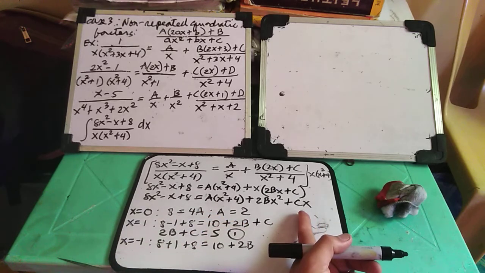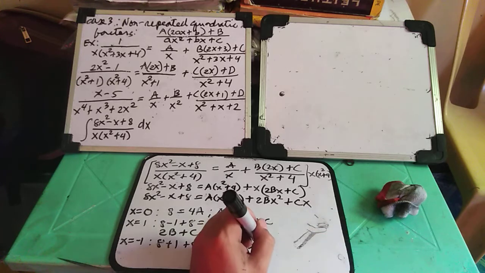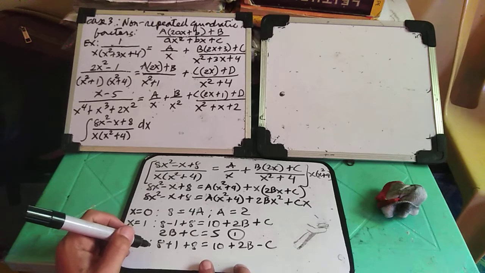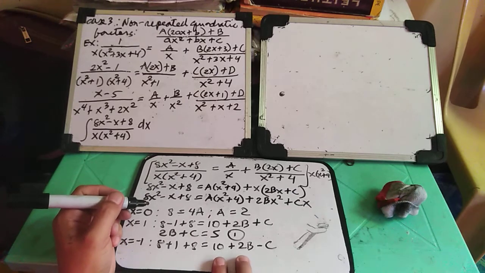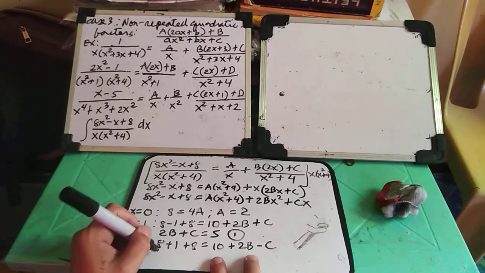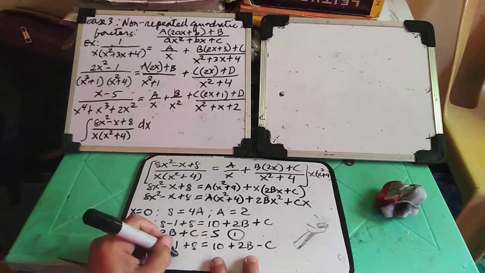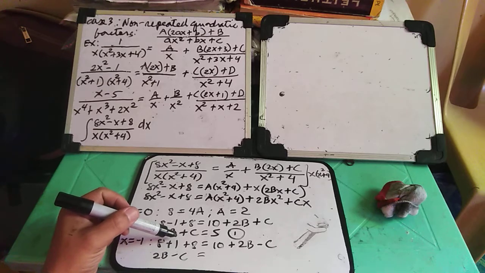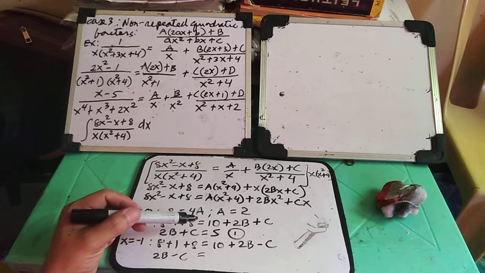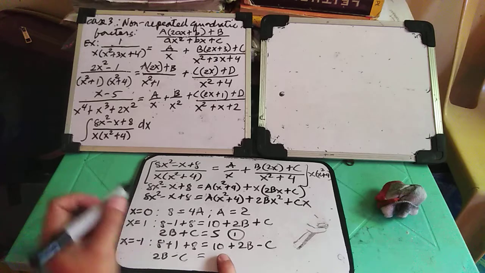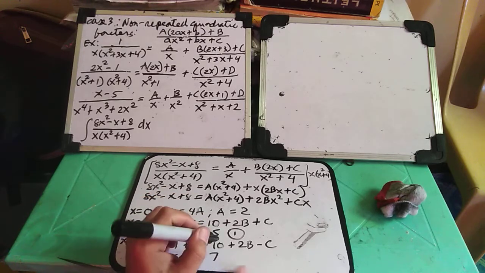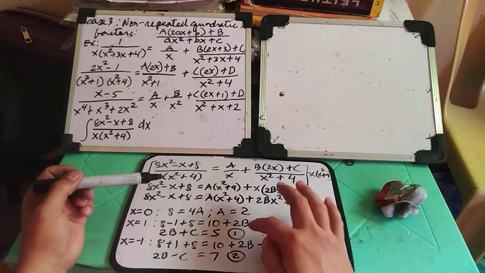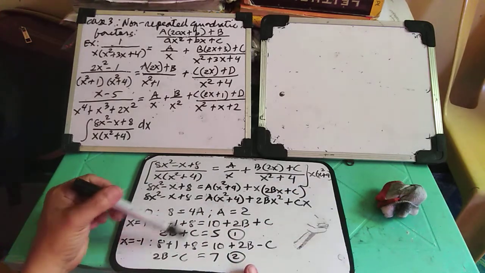Then this is negative 1, so minus c. So we have 2b minus c equals 8, 9, 17 minus 10, so 7. So that is equation 2. Now using equation 1 and 2, solve for b and c.